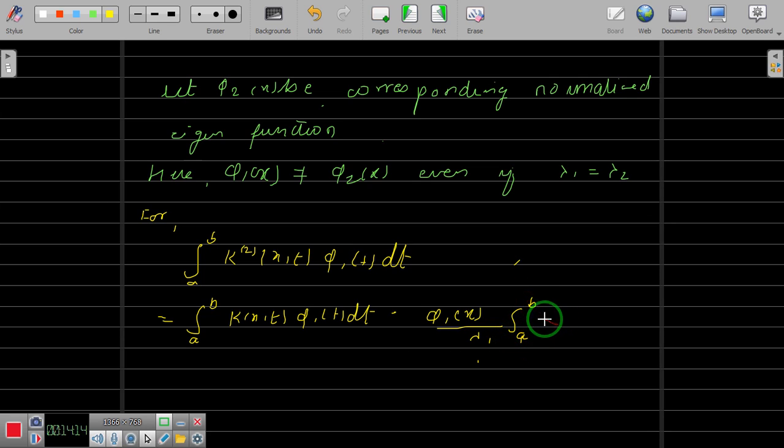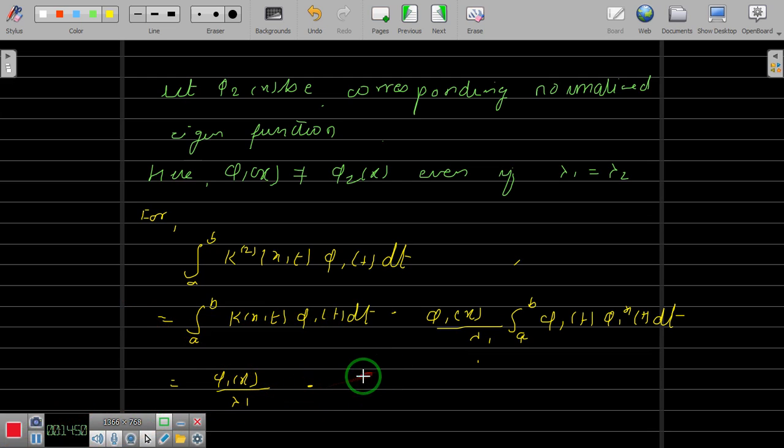a to b of phi 1 of t phi 1 star of t. You can easily verify this. And since this lambda 1 and phi 1 are the eigenvalue and eigenfunction of the kernel k respectively, the first term will be phi 1 of x upon lambda 1, because phi 1 of x is equal to lambda 1 into the integral, so you can take this lambda 1 outside.